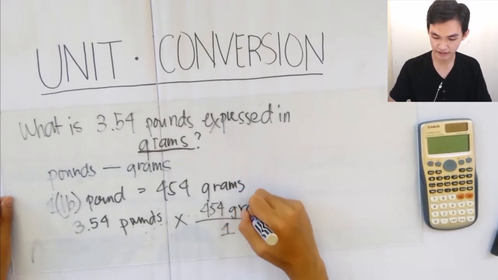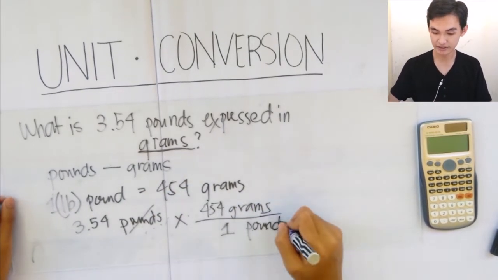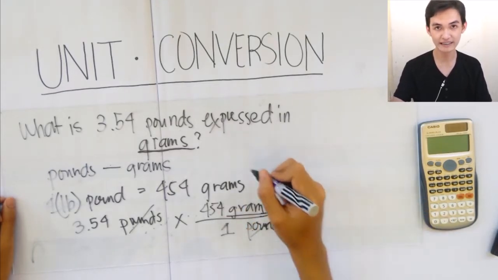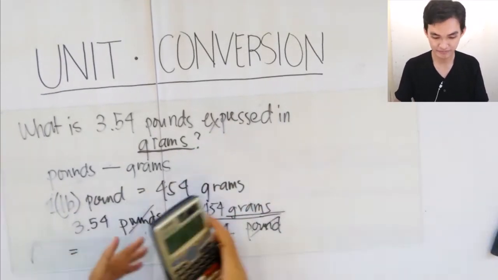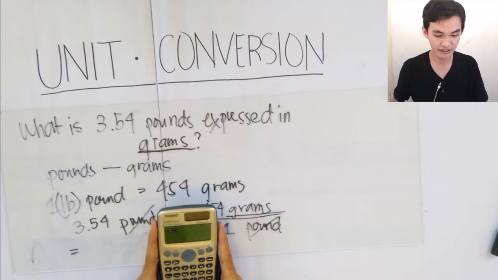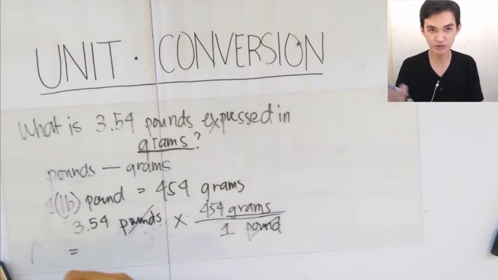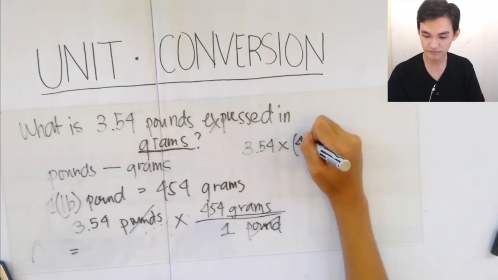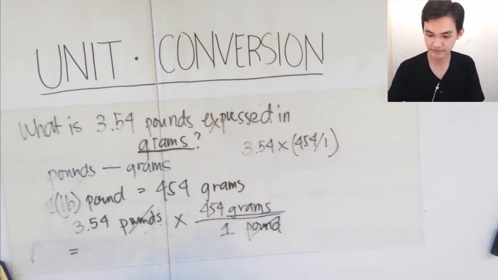grams in the numerator. In this case, we will be able to cancel the 2 units, and we will be left with grams, which is needed and asked in our problem, and we will input that in our calculator. If you have a fancy calculator, you can input it directly by just 3.54 times 454 divided by 1, and it should look like this: 3.54 times 454 divided by 1 in your calculator.